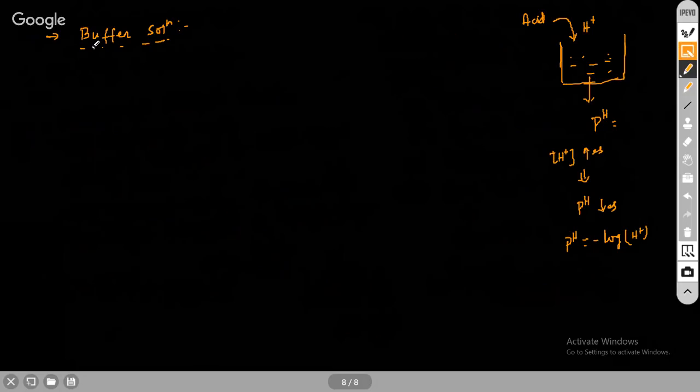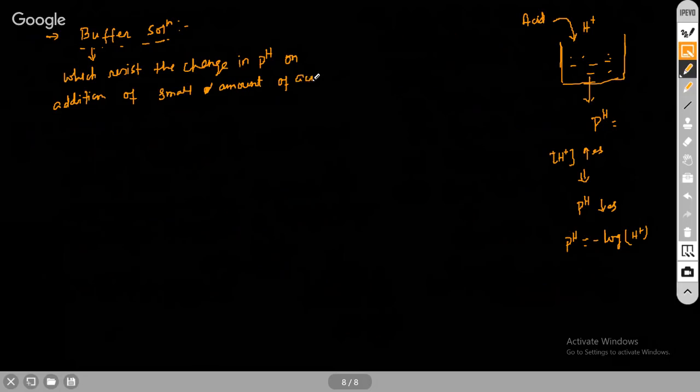Buffer solutions are those solutions which resist the change in pH on addition of a small amount of acid or base into it. Acid or base, it will be.